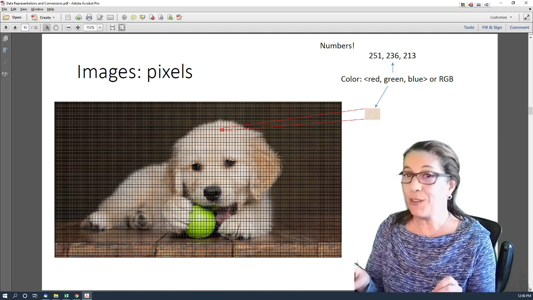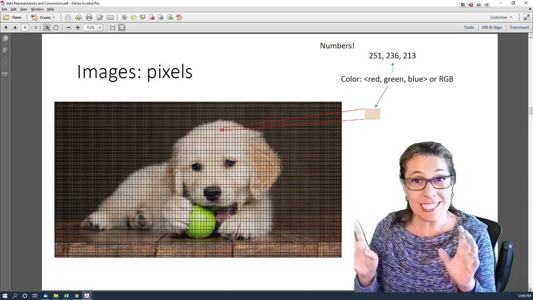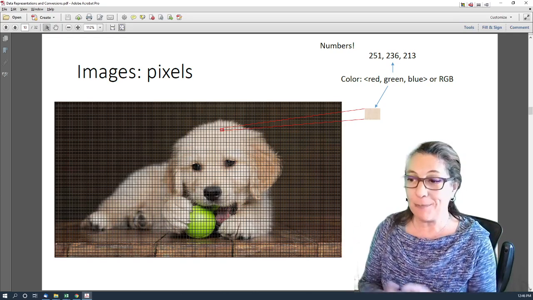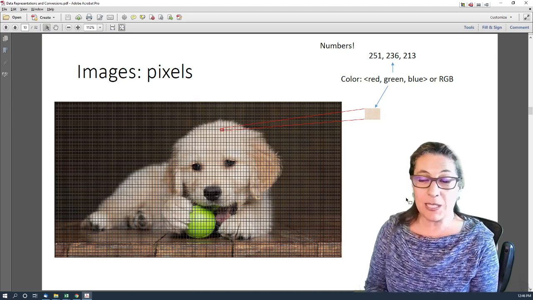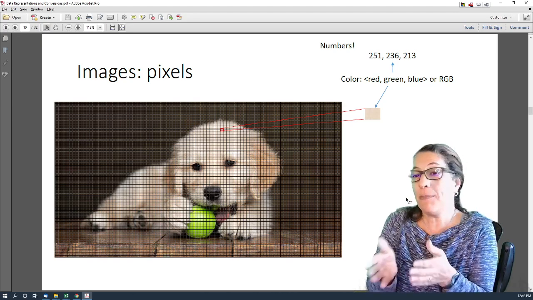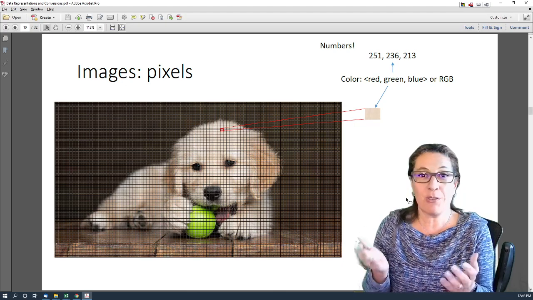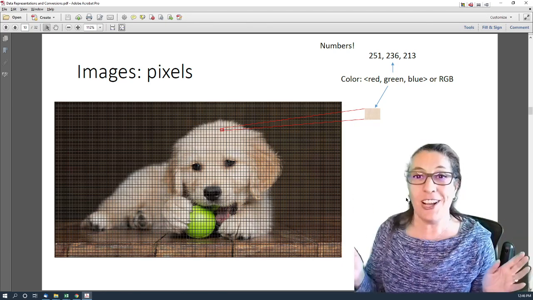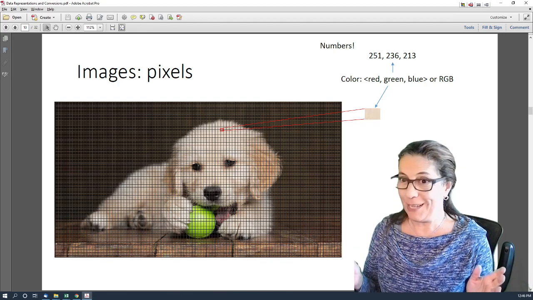Again, this is known before computers existed. It's a technique that painters know about. Basically, painters were able to identify these three primitive colors upon which all the other colors can be created, which is really amazing.